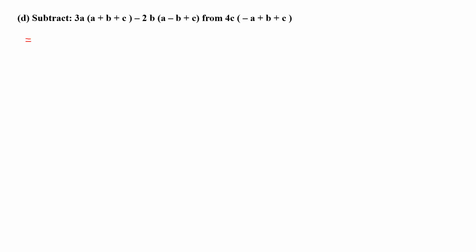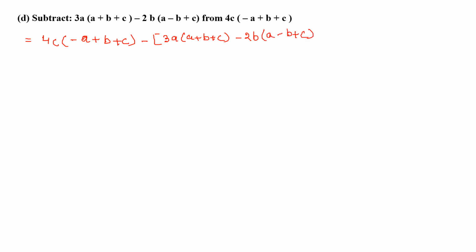So first I will write 4c multiplied with minus a plus b plus c. This minus, now the second expression you have to write in a bracket, because in a subtraction you know that when you open the bracket the sign will change. So you have to write it like this.